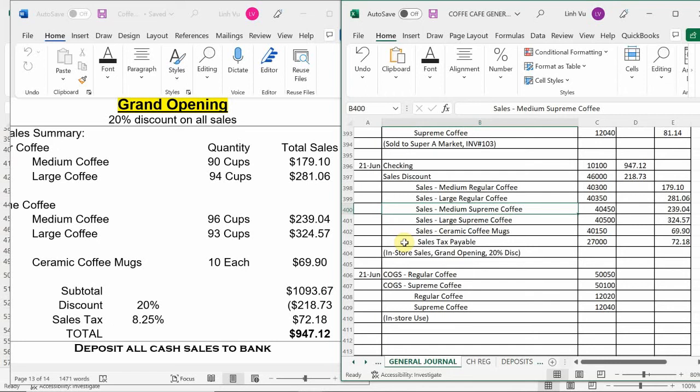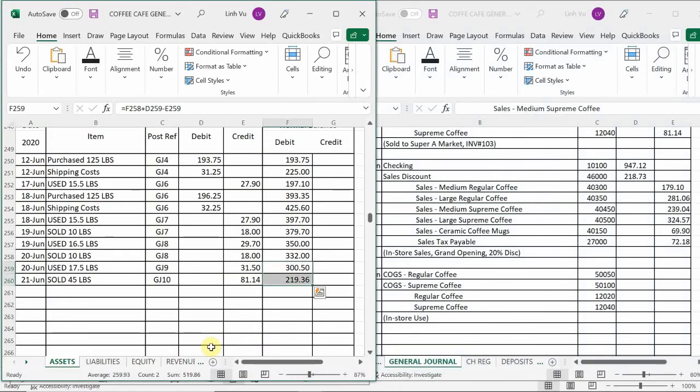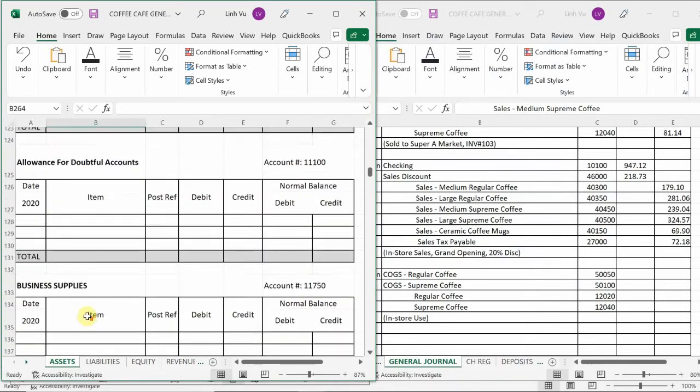Okay, next. We go into the ledger. We're going to go to our ledger to update all of our accounts. Good. So let's go ahead and update all of my accounts. So starting with the first one, we need checking.